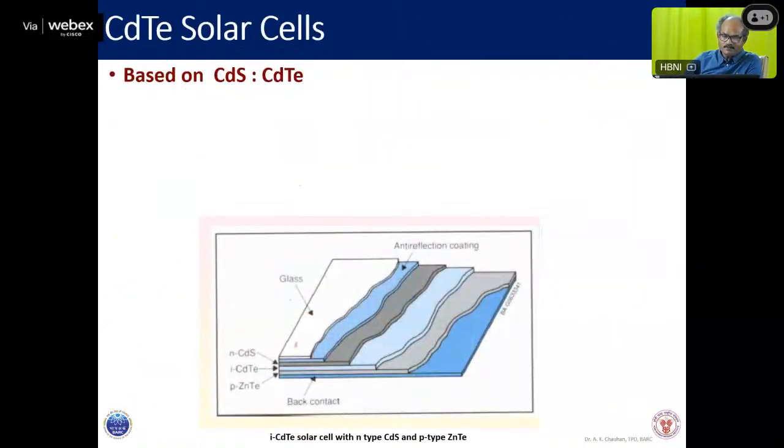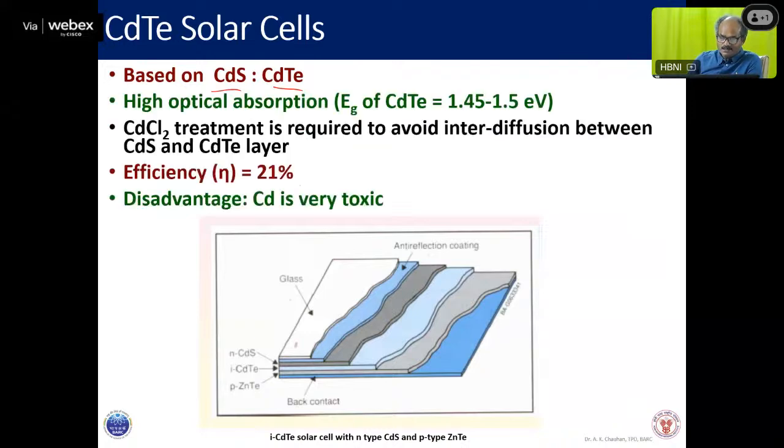Now there is another type of solar cell which is based on cadmium sulfide and cadmium telluride. It is CdS/CdTe, or simply the CdTe solar cell. It has high optical absorption because the band gap is in the range of 1.45 to 1.5 eV. Cadmium chloride treatment is required to avoid interdiffusion between the CdS and CdTe layers.